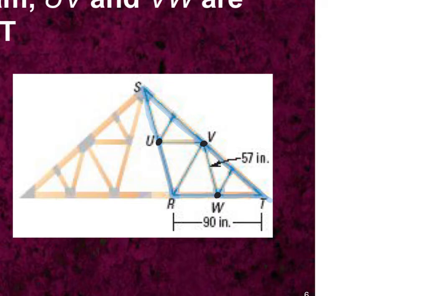So on SR, SU is going to be the same length as UR. SV is going to be the same length as VT. And RW is going to be the same length as WT.